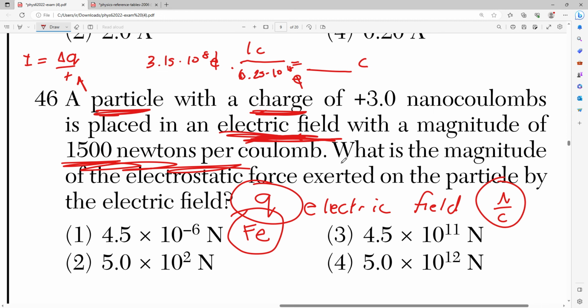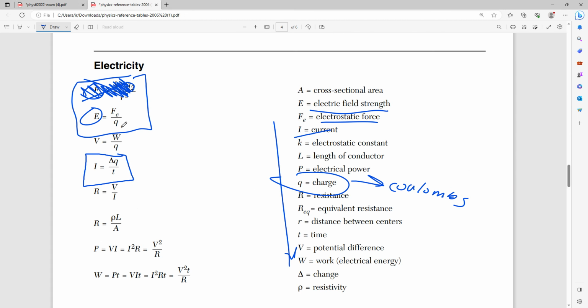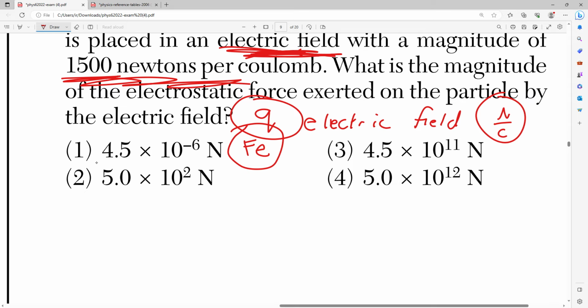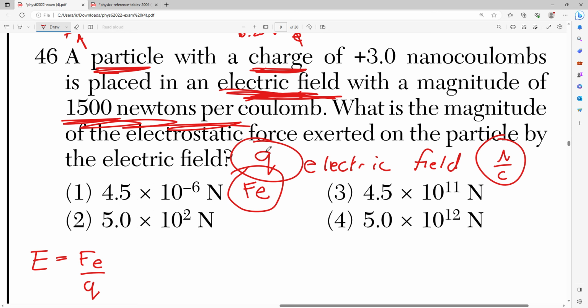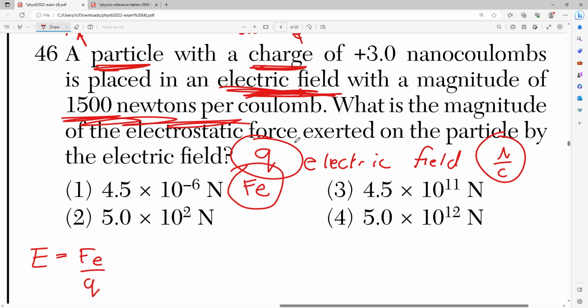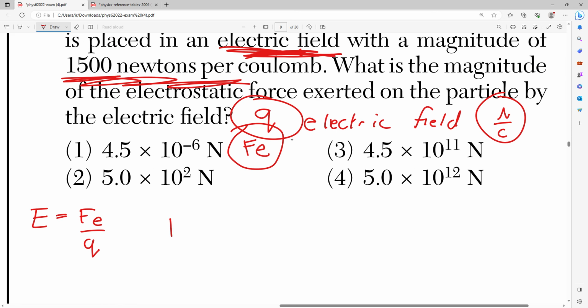So I'm going to have to use this formula. E is equal to Fe over Q. So what do I know? I know that my E, my electric field strength, is going to be 1500 newtons per coulomb.